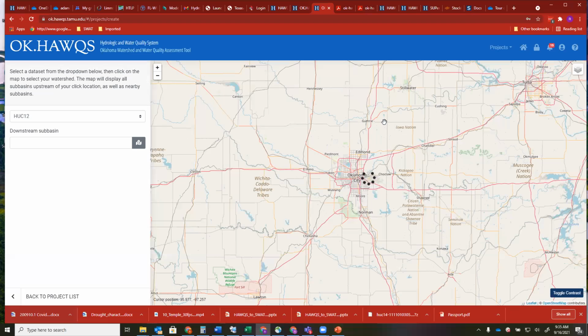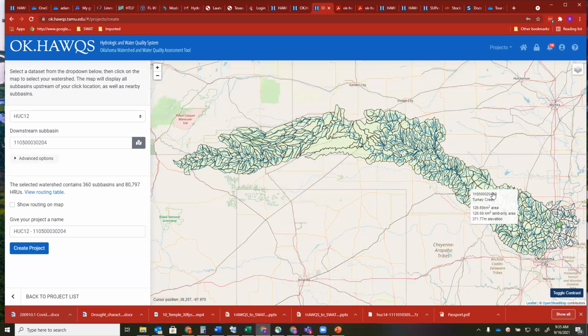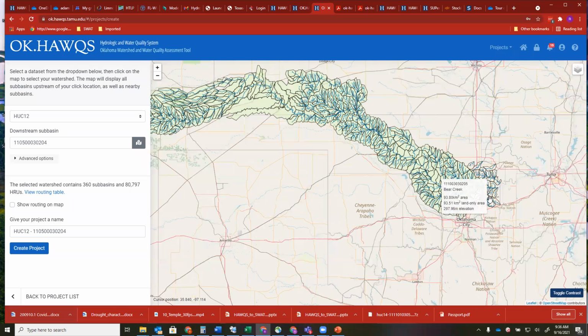It'll automatically draw the HUC 12 boundary that carries all the way to the head watershed, which is maybe somewhere in Colorado, and it carries all the way to Oklahoma, including some in Kansas and so on. So we do have the inputs for the entire system here, but the selection of the watershed has to happen inside Oklahoma to set up your model.